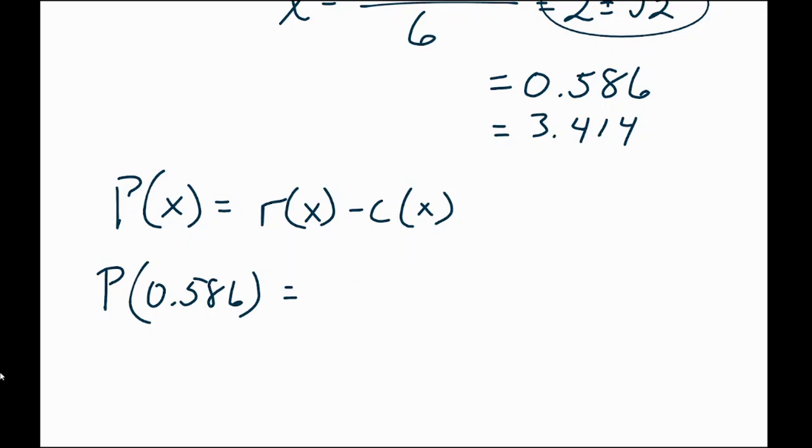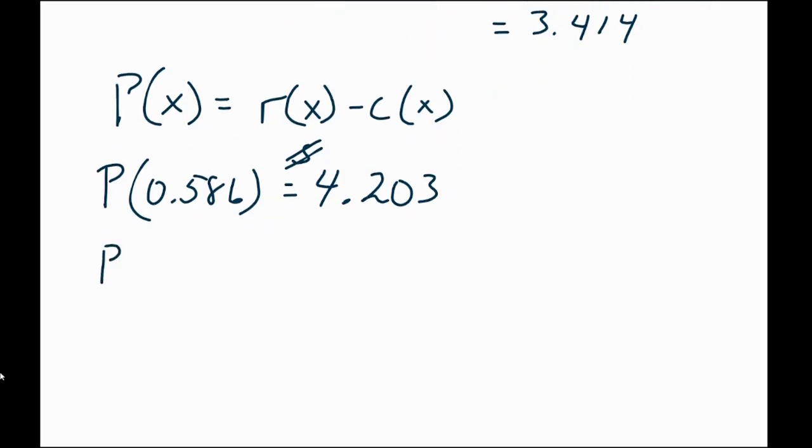I'm not going to show all that, and I'm going to tell you that you're getting 4,203. Now again, that's a profit, so I doubt that's just $4. Maybe it's $4,000, if everything's in thousands. But the idea here is to actually check both of these, and so we'll plug in 3.414.